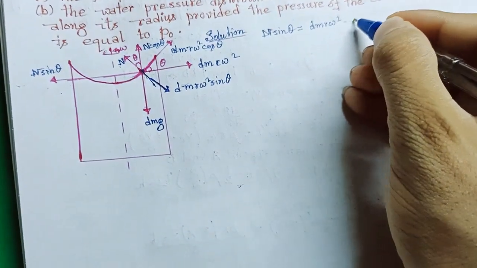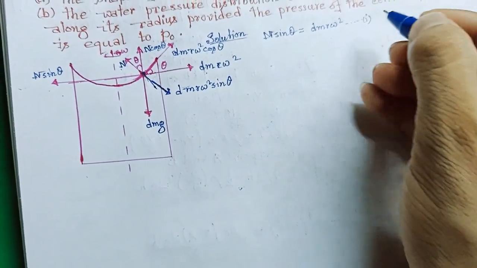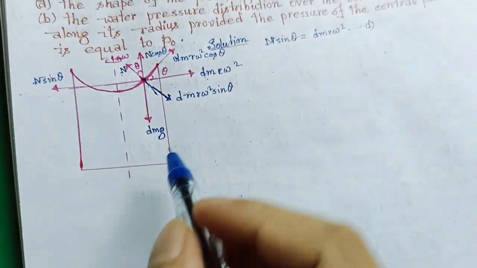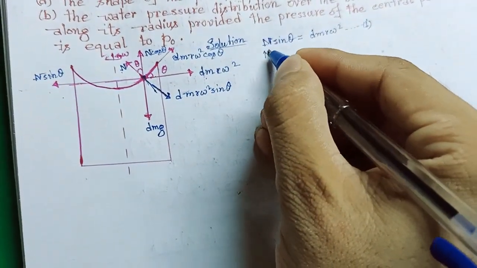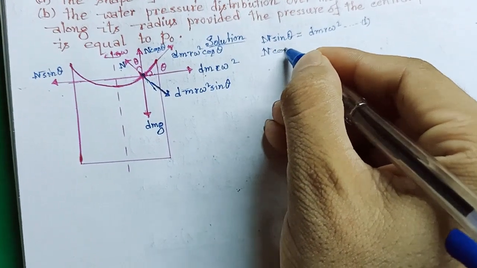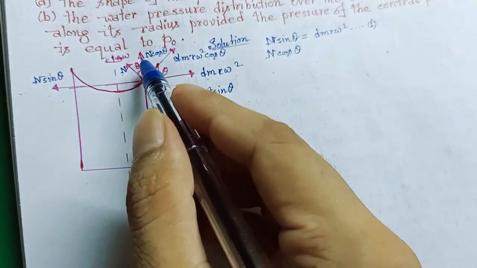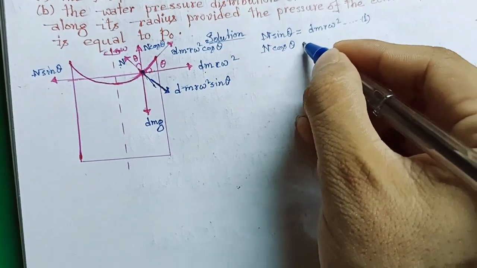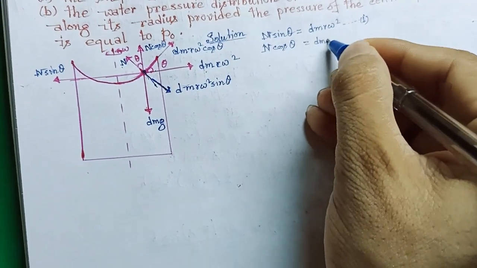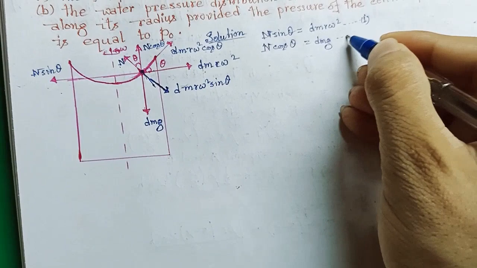This is our equation number 1. Now we consider the other component, that means N cos theta, which is equal to dm times g. This is our equation number 2.